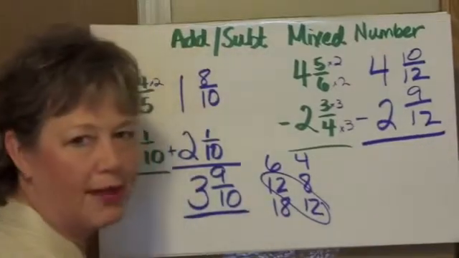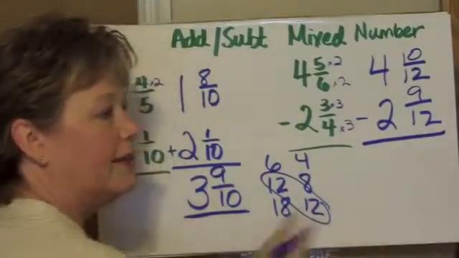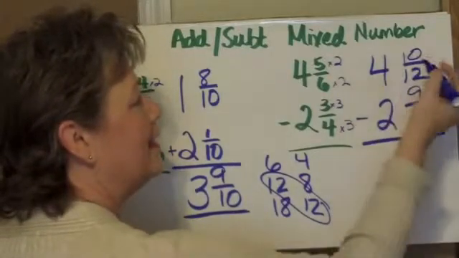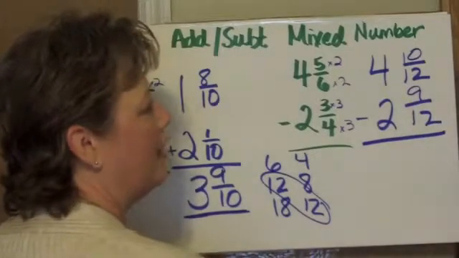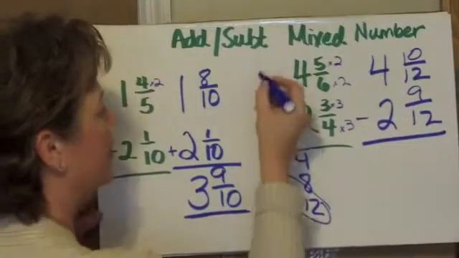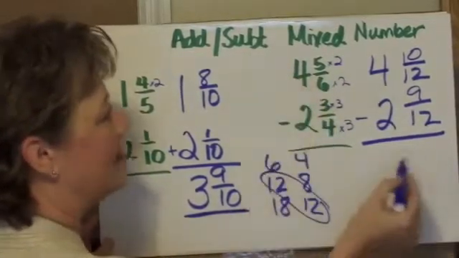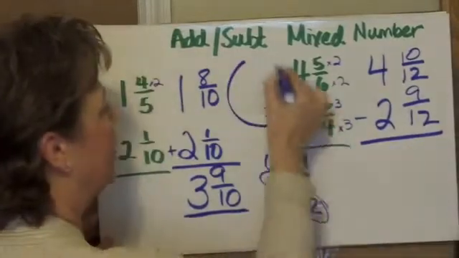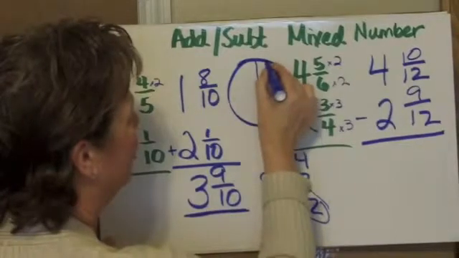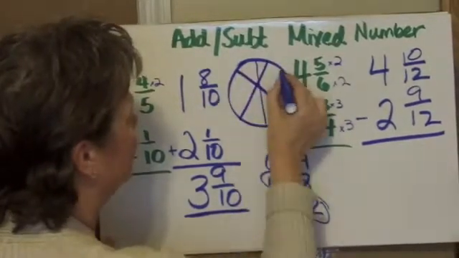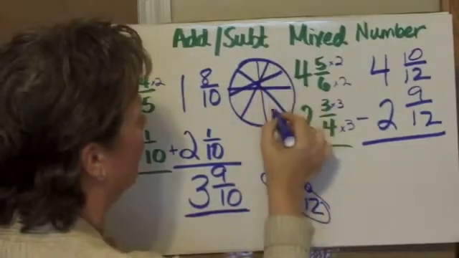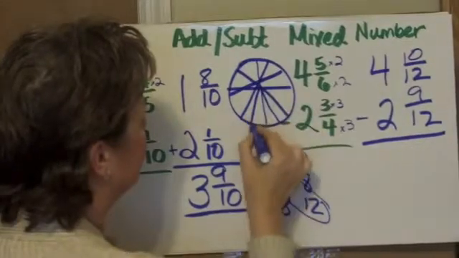I'm ready to subtract. I start on the far right and work back to the left. Start with my fraction. 10 twelfths, take away 9 twelfths. And you know what? Maybe I should show you this on the pie again, because remember my denominators can stay the same. If I have a pie with 12 pieces, 1, 2, 3, 4, 5, 6.